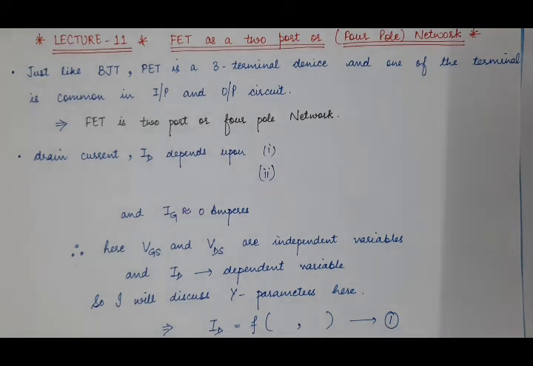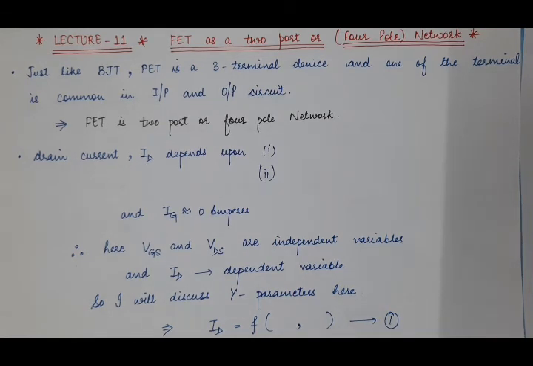So just like the bipolar junction transistor, the field effect transistor is also a three-terminal device having three terminals: source, drain and gate. And we know that when we use this FET as an amplifier, just as in case of BJT, we always kept one terminal common in input as well as output circuit.